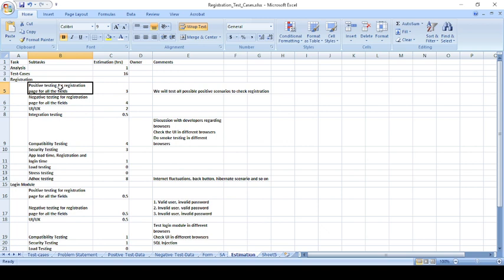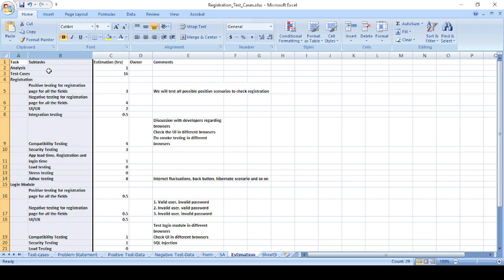Considering that, to test all positive test scenarios for registration, one can say that it can be done in 3 hours. Again, it completely varies from a fresher to an experienced candidate, but I really want you to focus on how we are dividing the tasks and subtasks. That is the main thing.